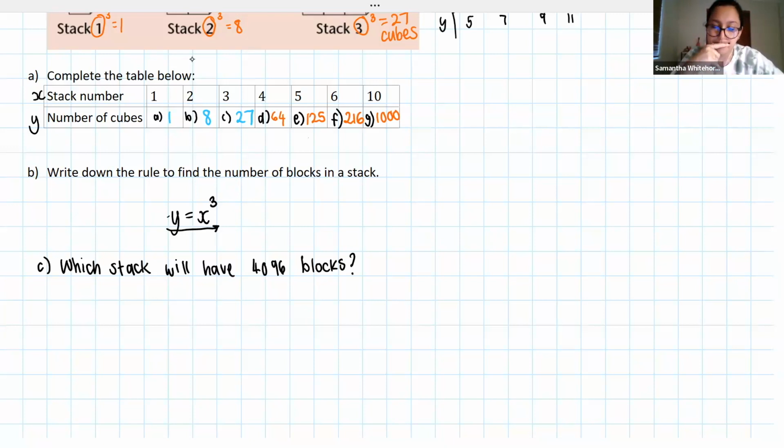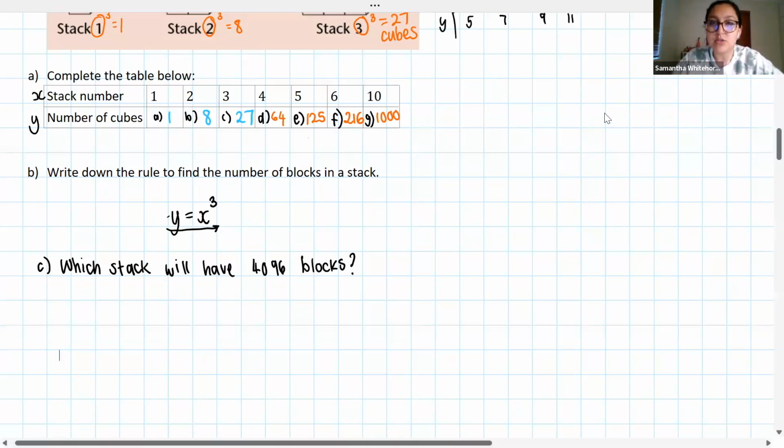As our patterns and rules become a little more complicated, trial and error is slightly trickier to use, but there's nothing wrong with the method, right? So Bonolo thought, okay, it has to be more than 10. I'm going to pick a number, let's see what happens, and went from there.